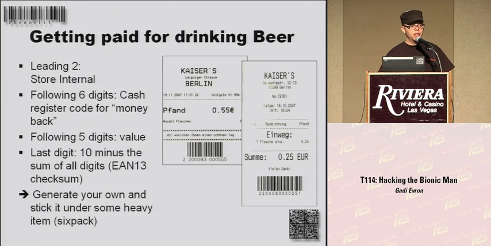To prevent this, the stores started to use special paper, so they would recognize their own paper. But if you stick the barcode under your six-pack, which is heavy, and the lady at the cash register doesn't like to lift it up, they just scan it over. So if you stick something under this and you are not too greedy, you actually get paid for drinking beer.